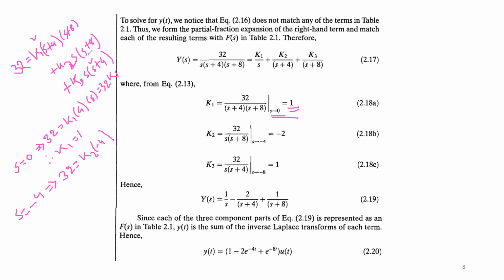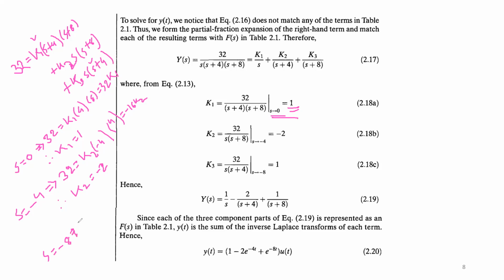Putting the value, if you put -4, then it will be 4, that means -16 k2. So k2 would be -2.